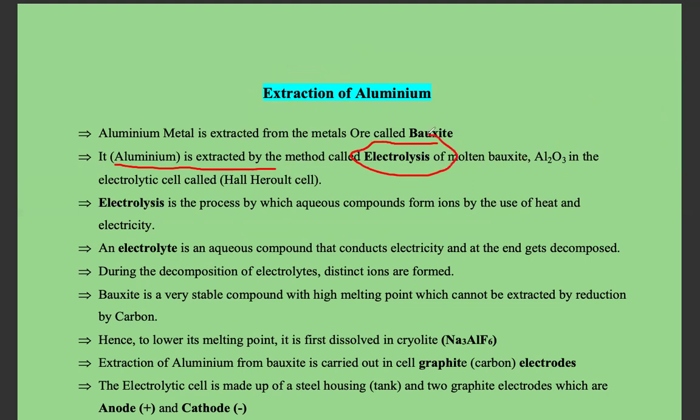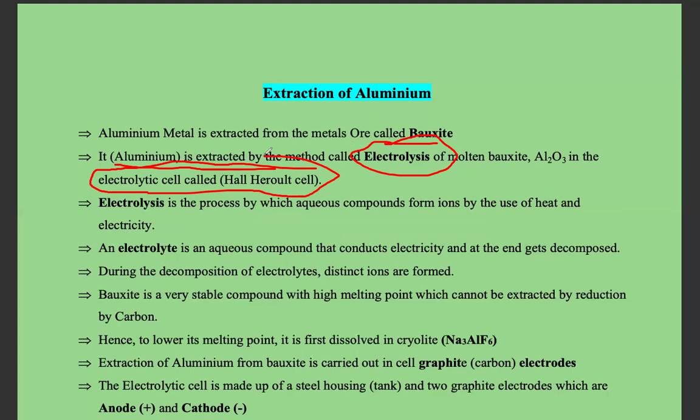We cannot understand the extraction if we don't know what electrolysis is all about. Now, just like iron and zinc, which are extracted in a blast furnace, aluminium is extracted in the electrolytic cell, which is called the Hall-Héroult cell.